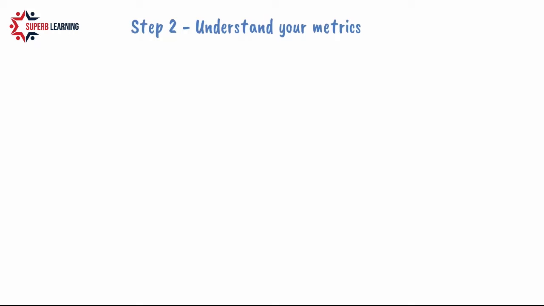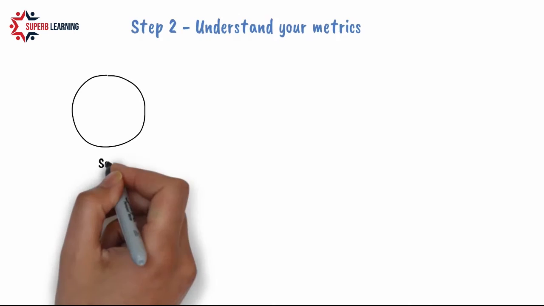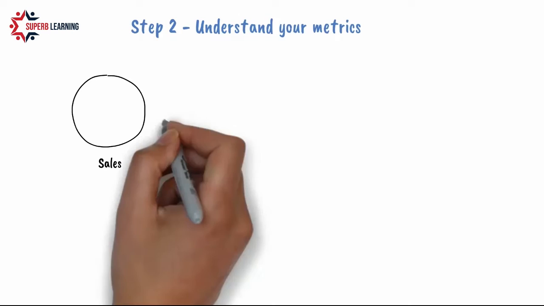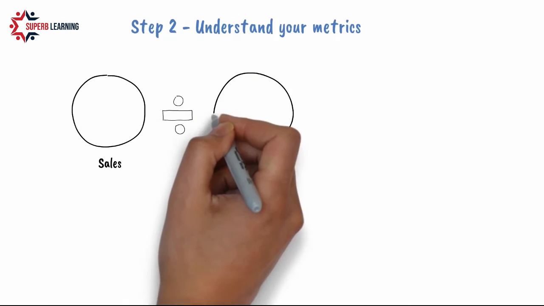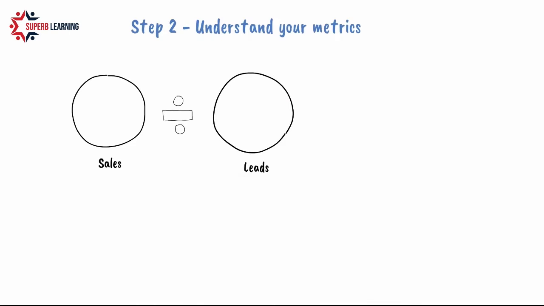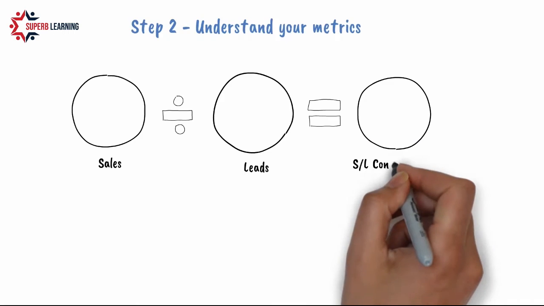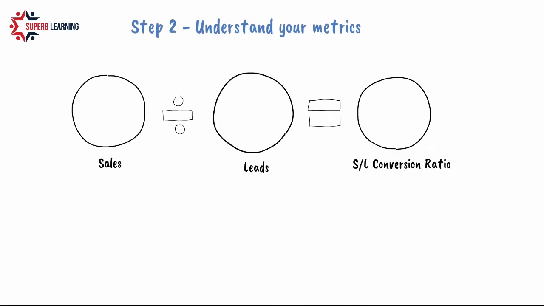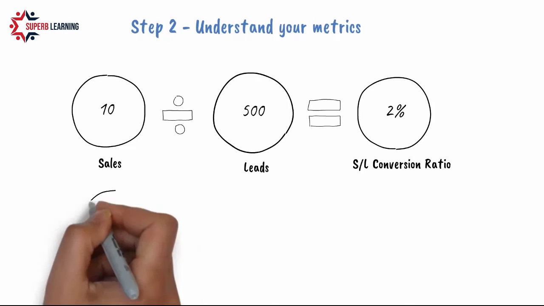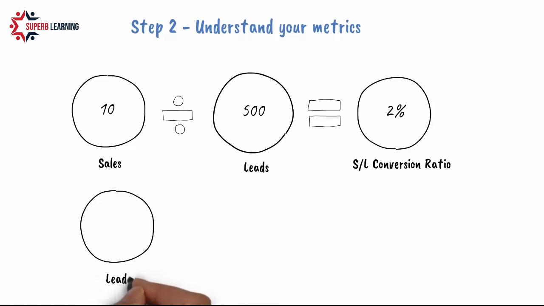And we've got some figures there that we can provide you in our template, which I'll share with you later, around what those metrics are. But to understand your metrics, you need to understand what your sales are, what your leads are, and from that you can create your sales to lead conversion ratio. So if your sales are 10, your leads are 500, then you're going to end up with a sales to lead conversion of 2%.